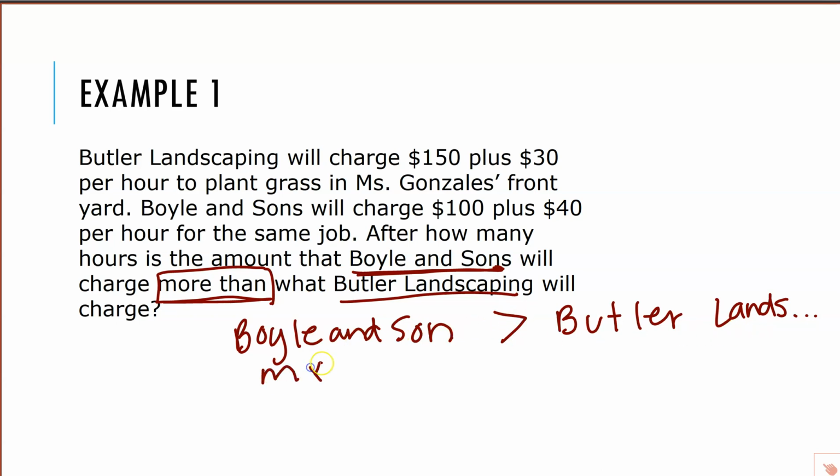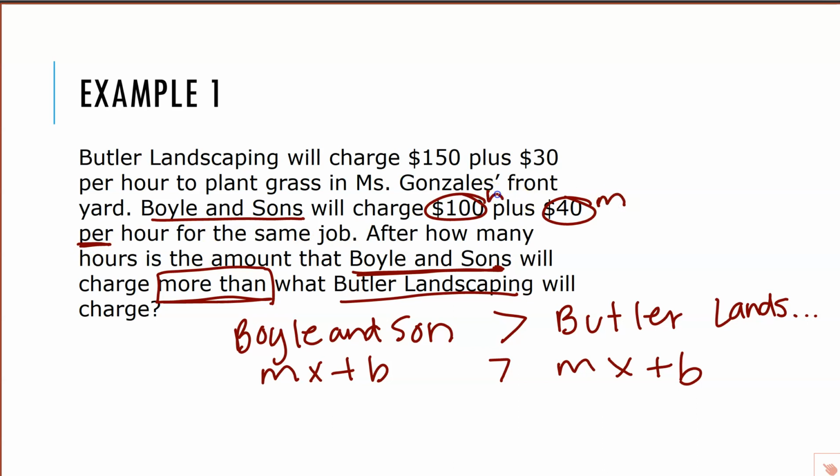So then we're going to write mx plus b, mx plus b. And we're going to look at Boyle and Son. So Boyle and Son would charge $100 plus $40 per hour. So where's my keyword for those two? So per is my keyword. So that means 40 is my M and 100 is my B. So 40x plus 100.